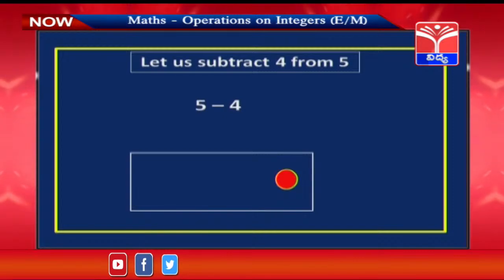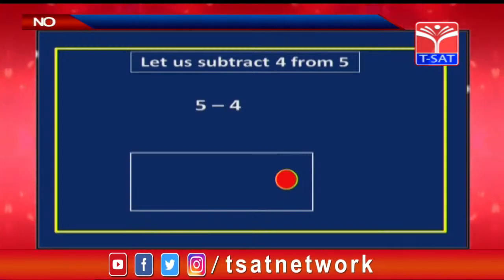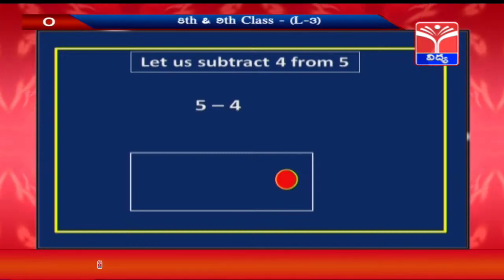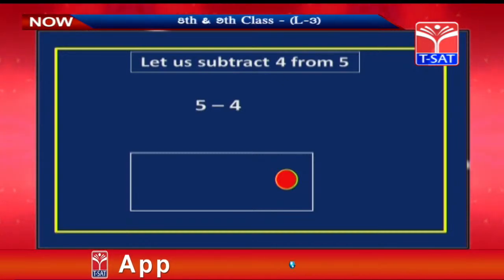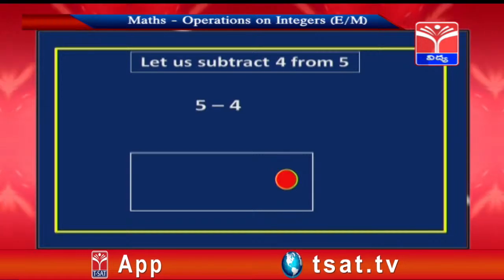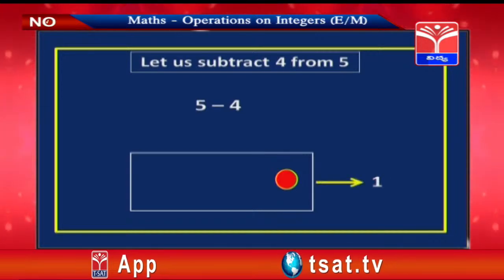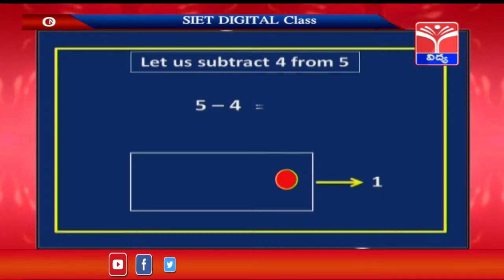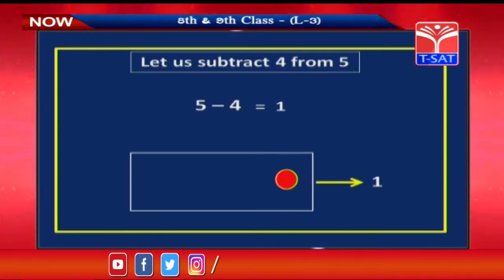So, what happens? Yes, we are left with only 1 red coin. We have already seen red represents a positive number. So, since only 1 red coin is there, it means it is plus 1 or simply 1. That means we get 5 minus 4 is equal to 1.